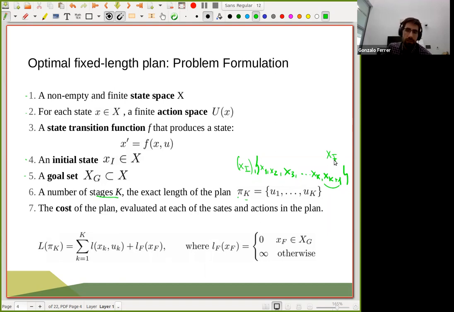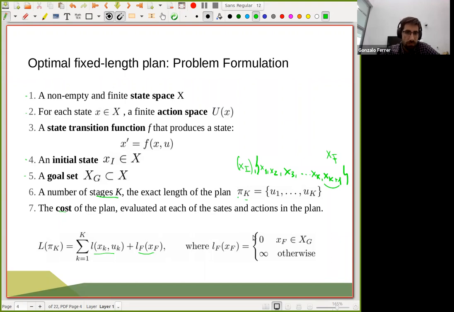But because sometimes it might not be, that's why we are now defining this cost of the plan. Here we are including the cost of traversing each of these states. This was an element that we have used before, the value of edges. And then there's an extra term that is just taking into account the last state. This is just to capture in the cost function whether we have reached the final state or not.